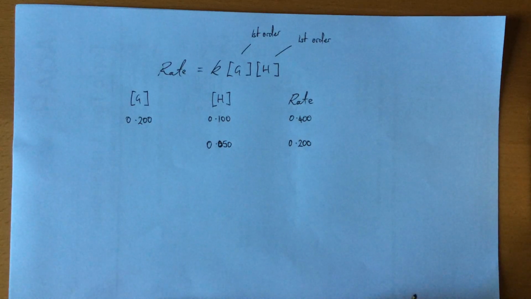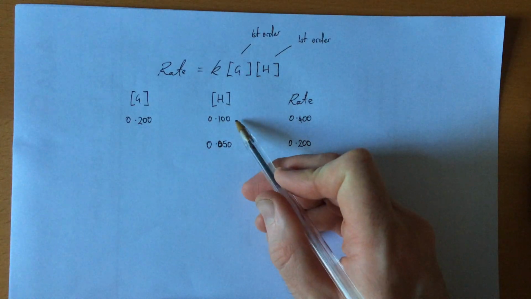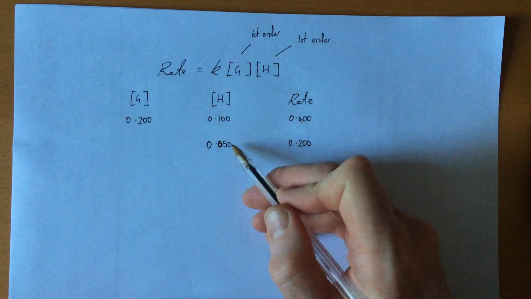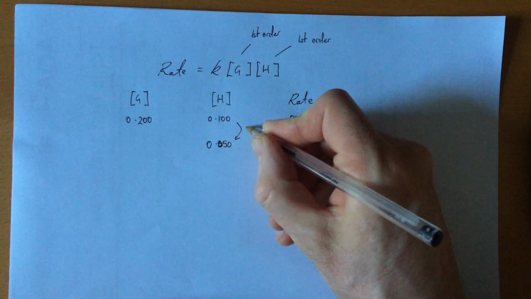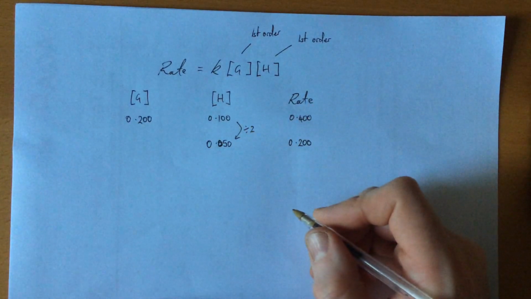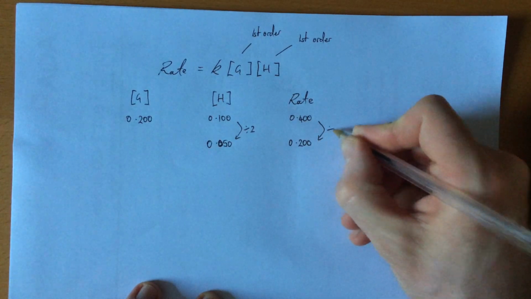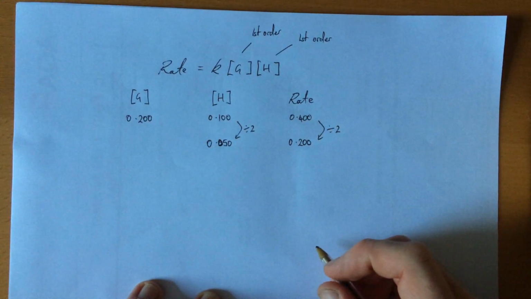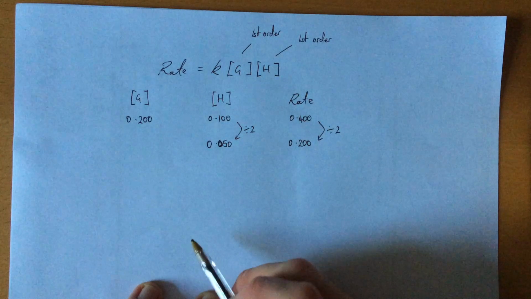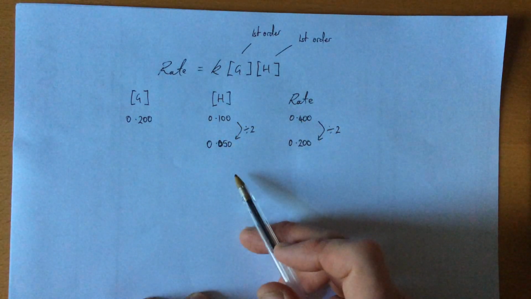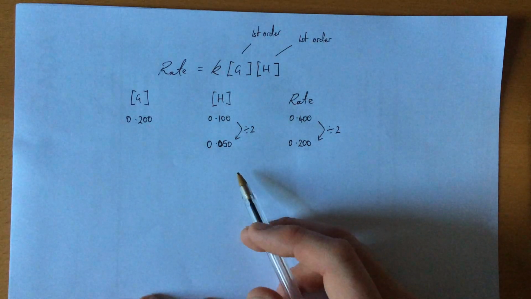So what we can see is that the concentration of H has gone from 0.1 to 0.05. So we can see that's halved, and we can also see that the rate has halved, and that's what we'd expect. We'd expect that the rate would halve if the concentration of H halved.